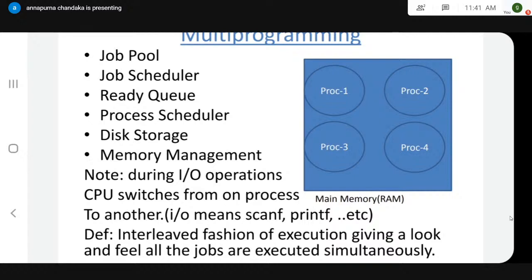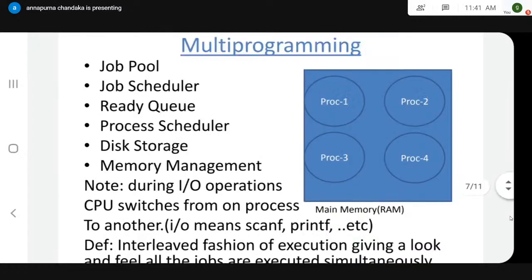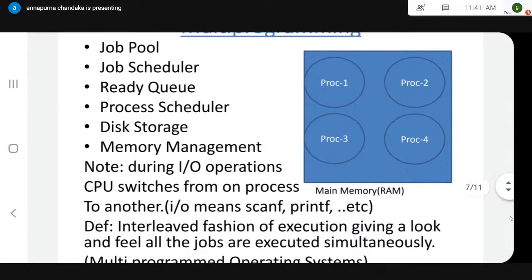Now one scientist observed that the CPU time is simply wasted in picking who has high priority. While executing process one, an I/O operation occurs, and I need to switch to either 2, 3 or 4. Who has high priority? The high priority has to be decided first.